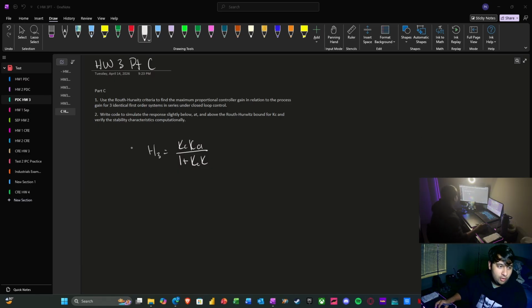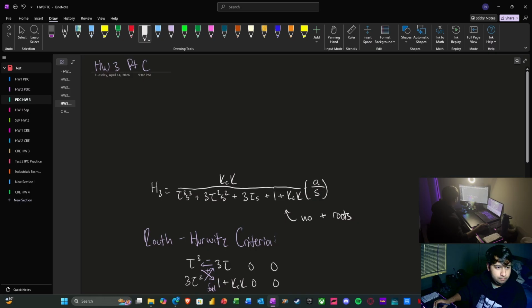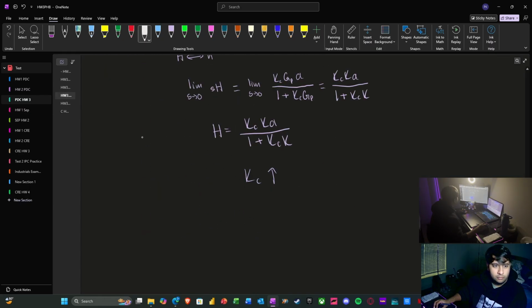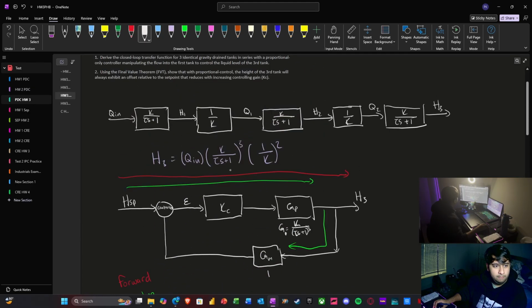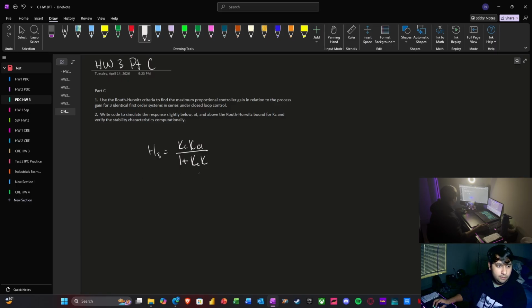So I've already written our equation that we found earlier in part B. What we're going to do today is utilize this entire section and implement it into that equation.